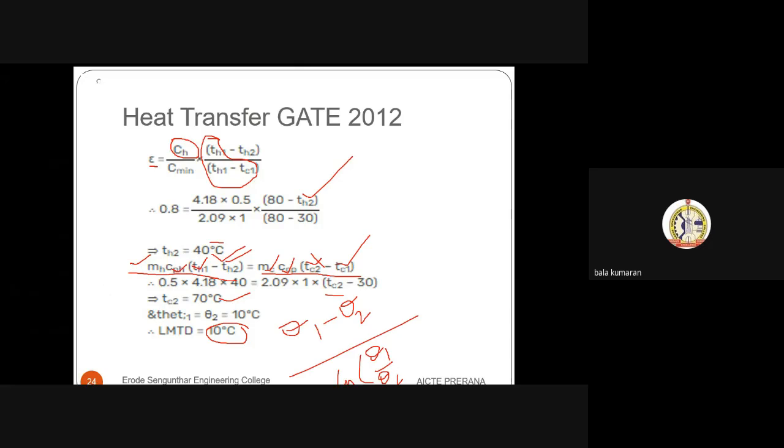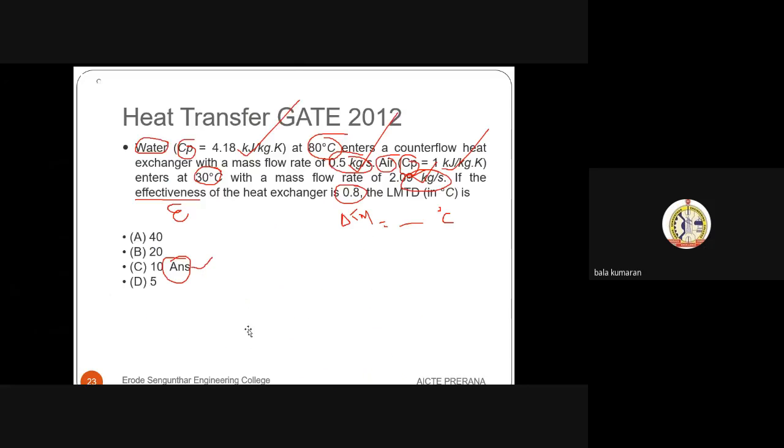If you apply it, we will get the value as 10. Got it? Yes. The answer is 10 degrees Celsius.